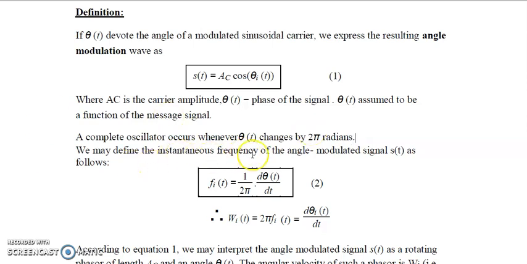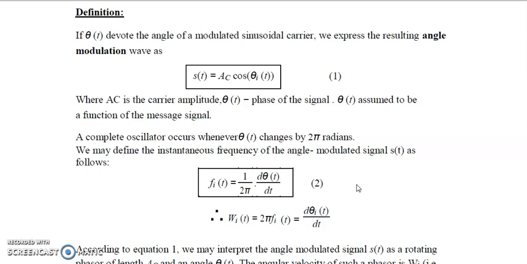The instantaneous frequency of angle modulated signal is denoted by this one, fi t is equal to 1 by 2 pi d theta t by dt. Those who don't come across the mathematical equations, for those persons I am repeating it.